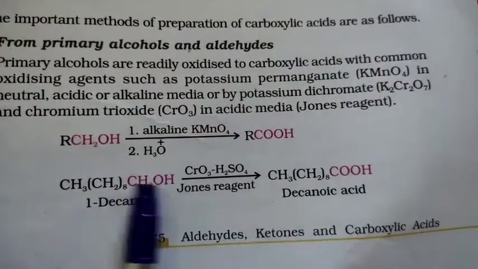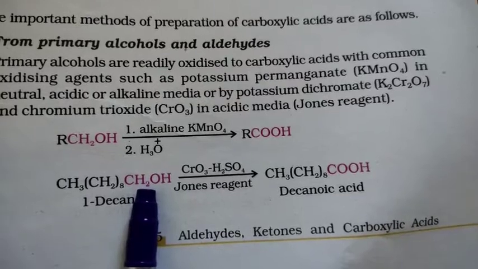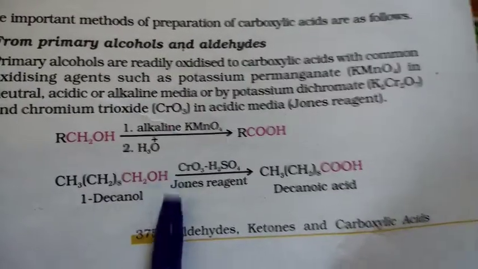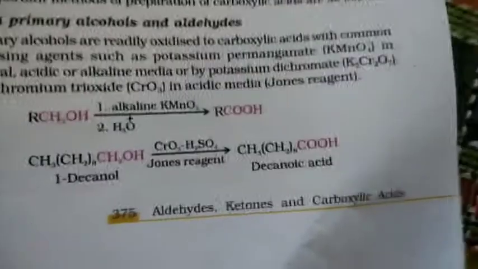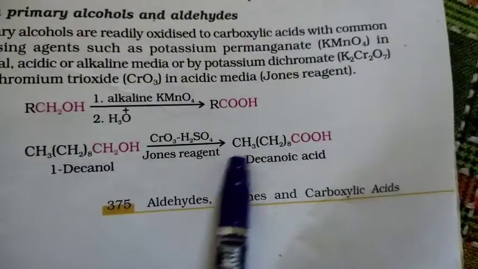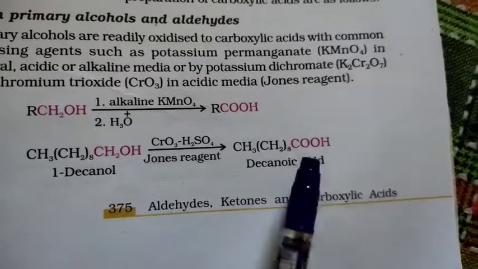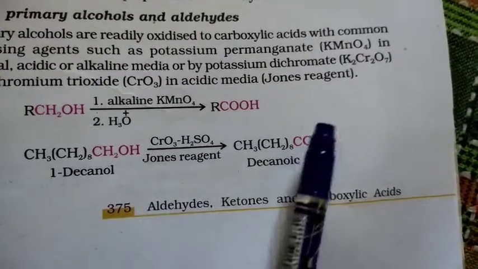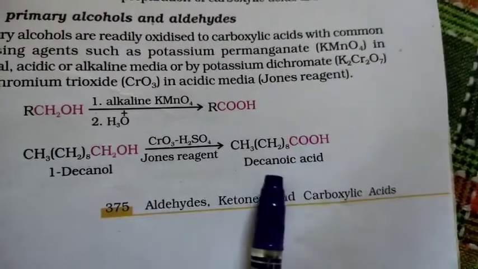The pink colored portion, which is the alcohol portion, is being changed into C double bond OH, and this is decanoic acid. Sorry, it is C double bond OH, decanoic acid.